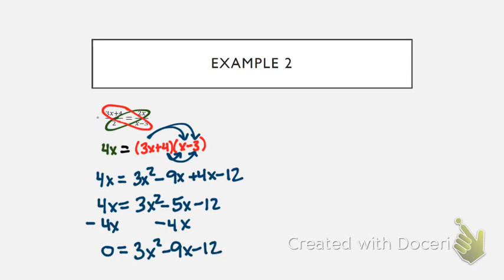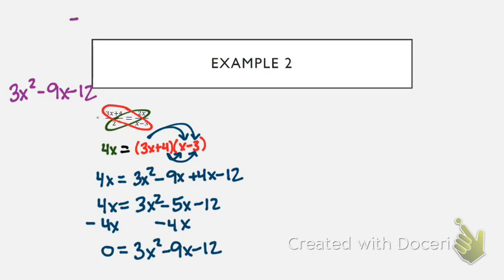So now we have 3x squared minus 9x minus 12, and we need to try to factor this. I'll do it up here to not get in the way.